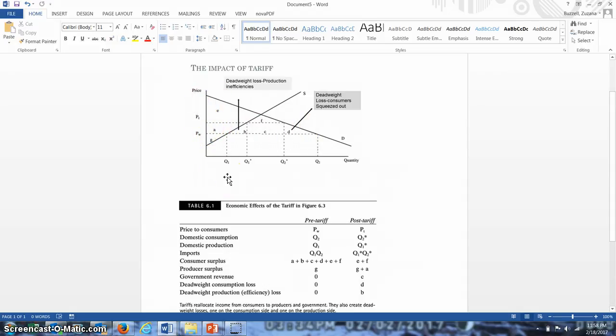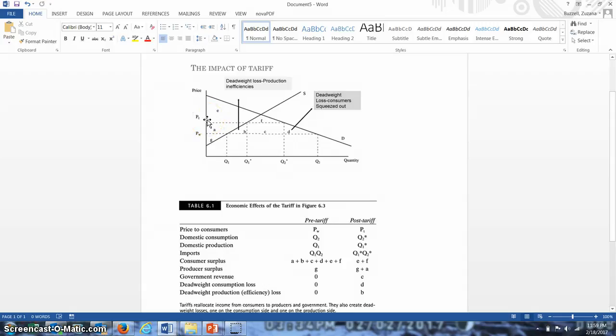Now when you introduce the tariff, all of a sudden the price goes up. So as I said before, the lower the price, the higher the consumer surplus. So all of a sudden you increase the price and the triangle of consumer surplus goes down to E and F. See, it's still below the demand curve, but above the price line. So the moment you increase the price, your consumer surplus goes down.